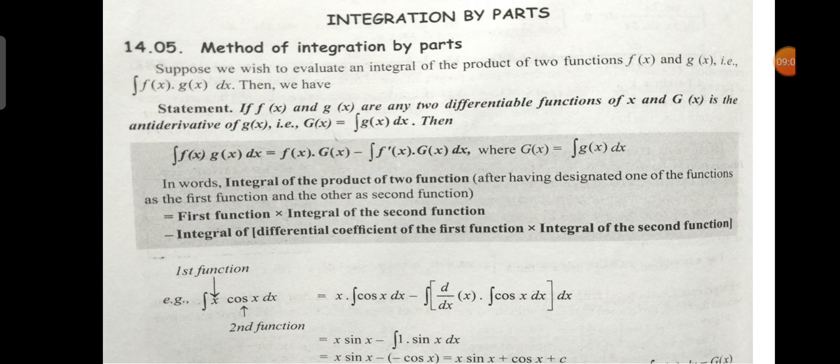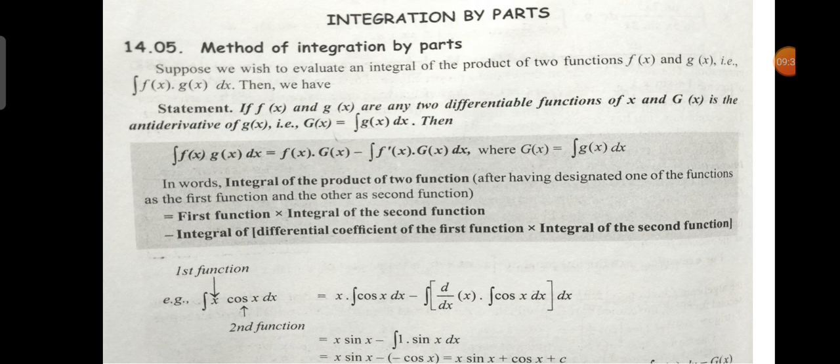Then the integral of f of x g of x dx is equal to f of x into capital G of x, minus the integral of f dash of x into capital G of x dx, where capital G of x is the integral of small g of x. This is integration by parts, which is very important.